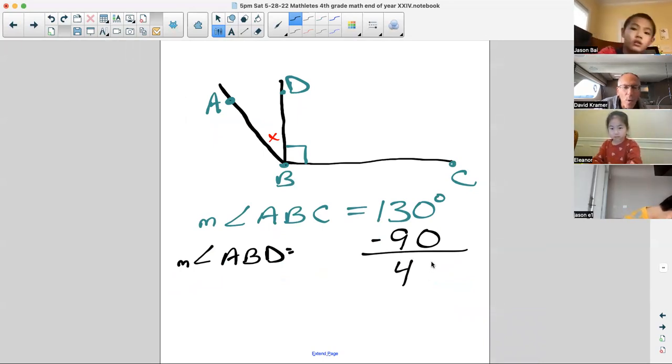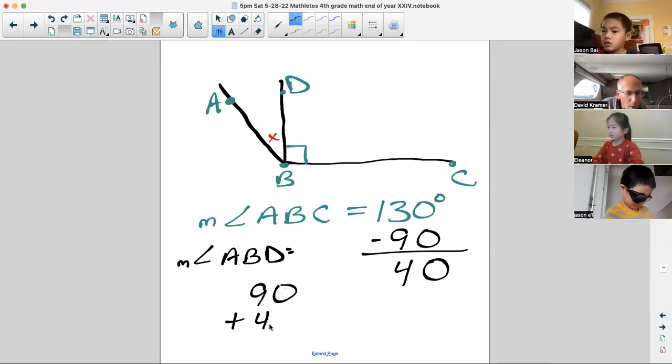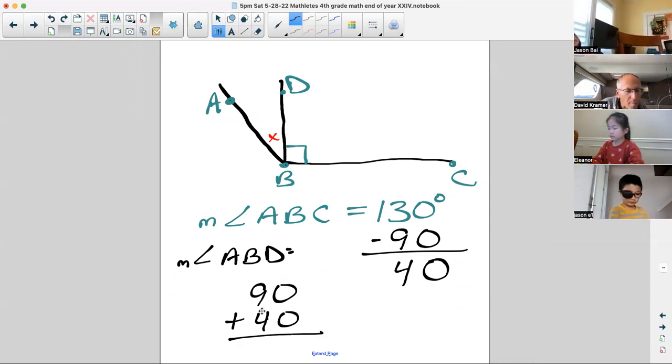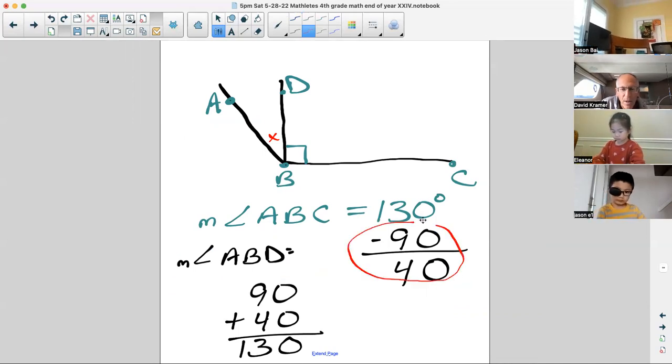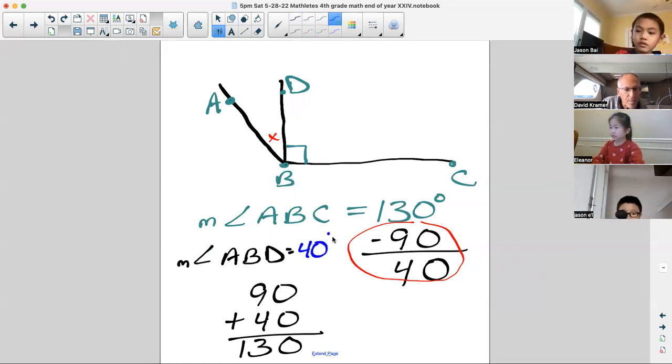Yes. And the way we know this, Eleanor, watch. If we take 90 and we add 40, 9 plus 4 is 13. That's how we can check our answer. Isn't that cool? Jason B, did you get the same thing? 40 degrees? Very good.